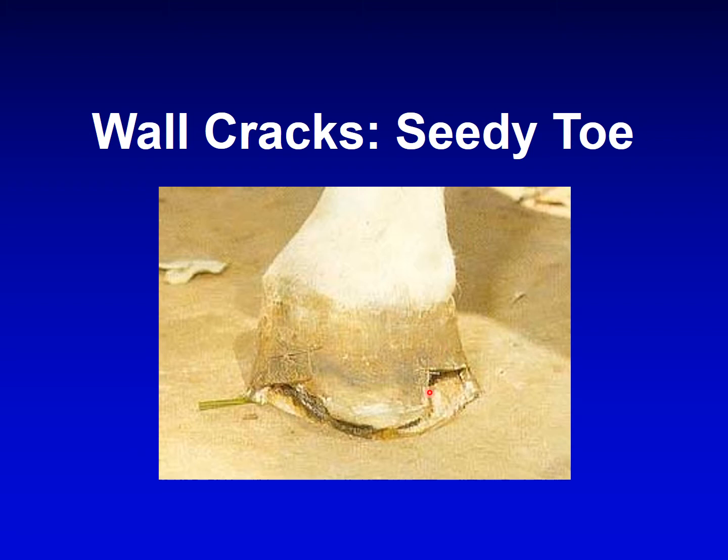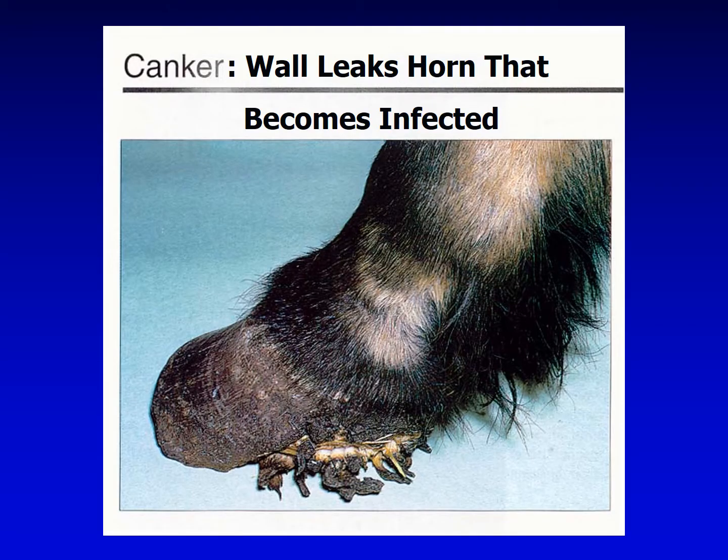Seedy toe, cracks in the hoof wall. Sometimes you will see the wall leaking. The horn that's supposed to make the keratinized tissue. This horn becomes infected, and we call that canker. Canker.